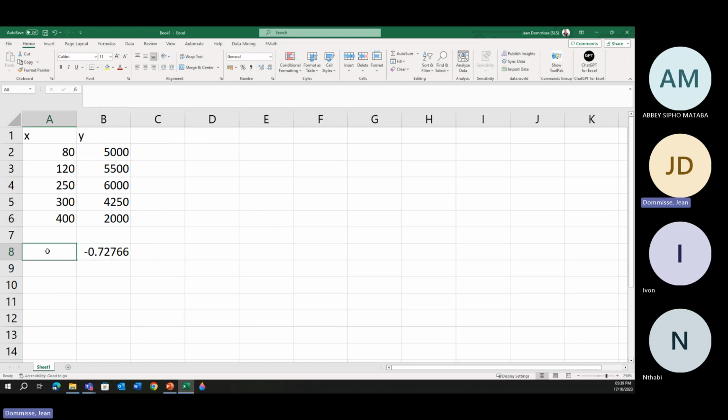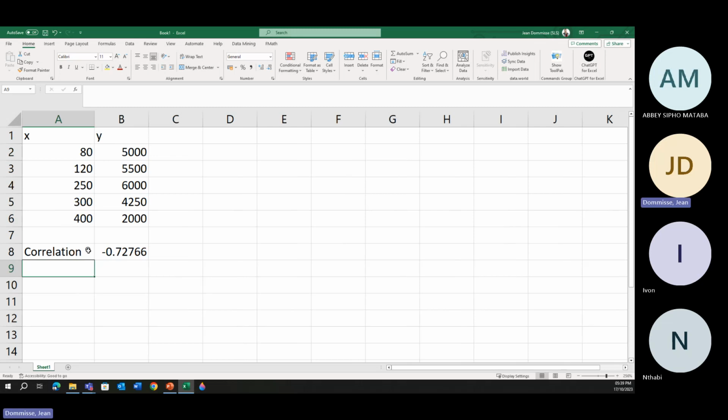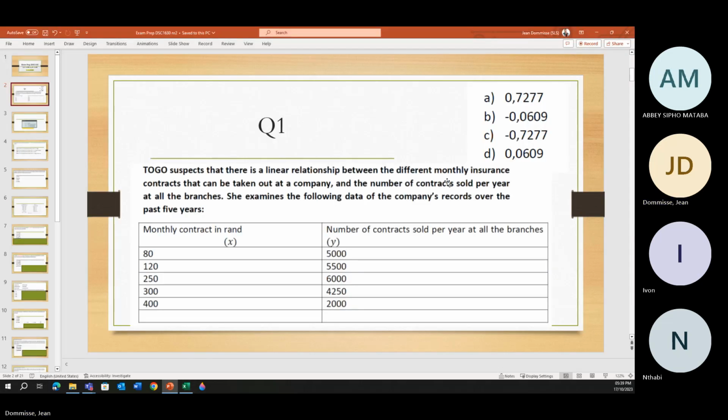So you can see the correlation R has been worked out. It's minus 0.72766.